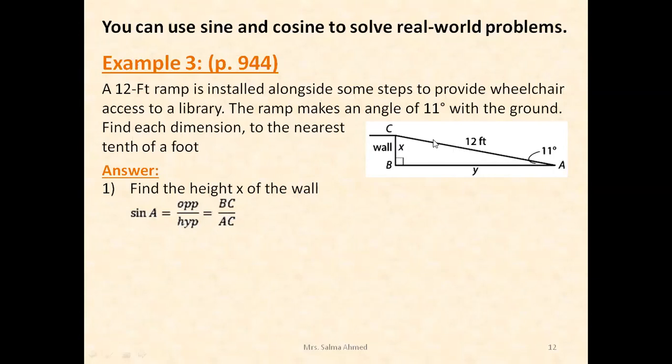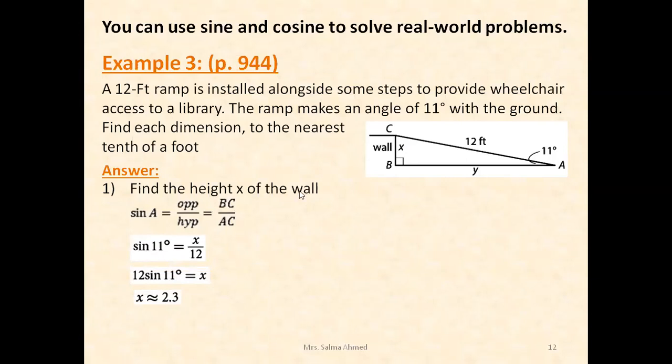So sine 11, where A is 11, equals BC, which is x, over the hypotenuse, which is 12. So I need to get x. I'm going to move this 12 from the denominator by multiplying on the other side. So it will be 12 sine 11 degrees equals x. By using your calculator, you can find that x is approximately 2.3 to the nearest tenth.